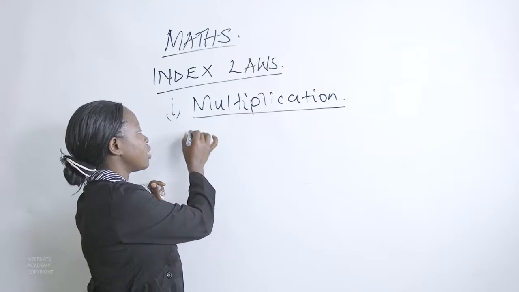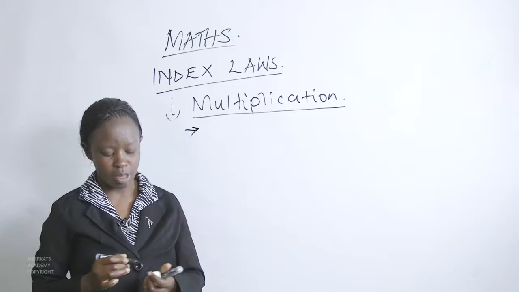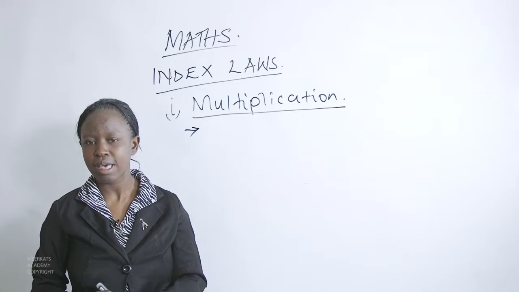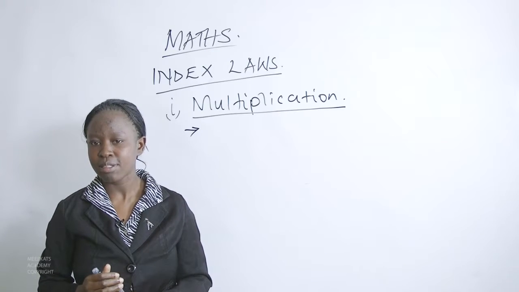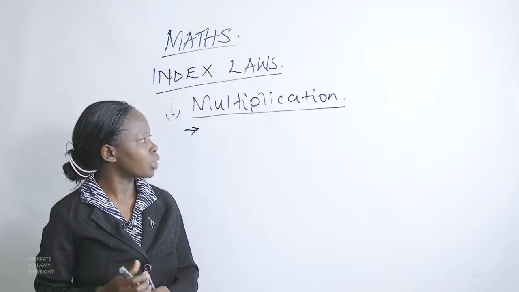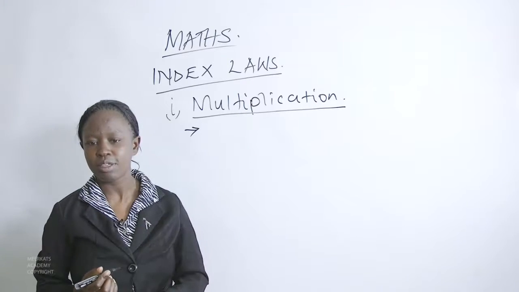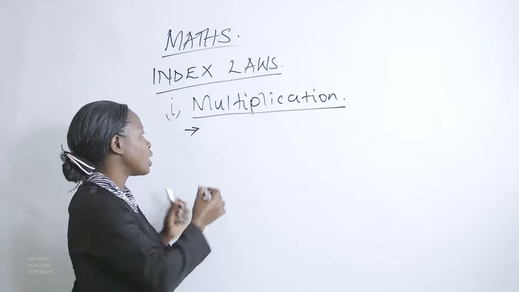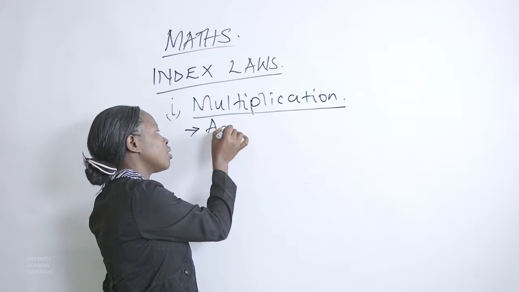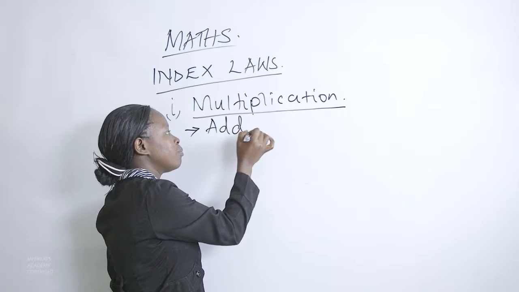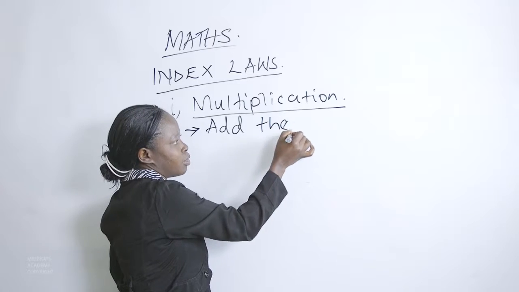If we are multiplying numbers that have the same base, but with powers that may be different or the same, we add the powers. When the base is the same, we add the power.